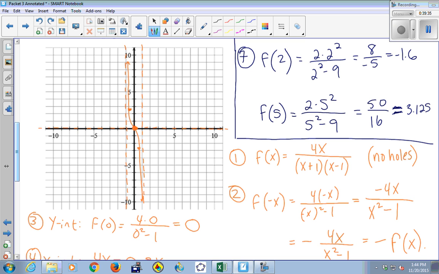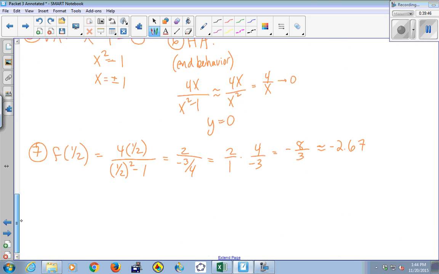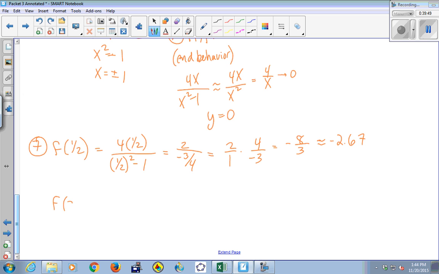Okay. All right, now let's see what happens after my vertical asymptote of 1. Give me a value bigger than 1. 2. Yep, 2 is a good one. So I'm going to evaluate f of 2. I get 4 times 2 over 2 squared minus 1, 8 over 3, which is 2 2/3 or 2.67.